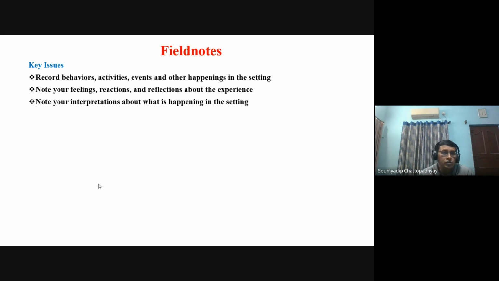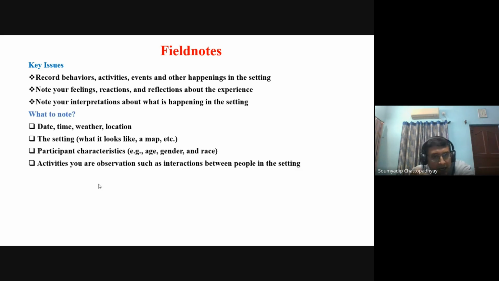The second important thing is that you have to note your feelings, the reactions and reflections about the experience, and your interpretation of what is happening in the setting. If you note that interpretation at that very moment, it will be very useful for you later on to analyze those field notes and to draw meaningful policy implications.